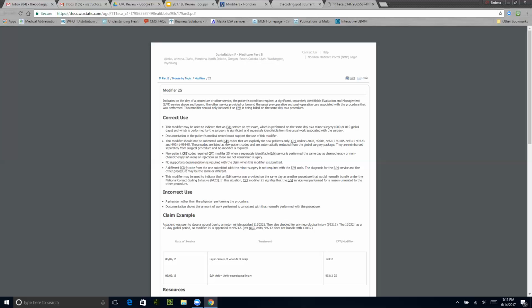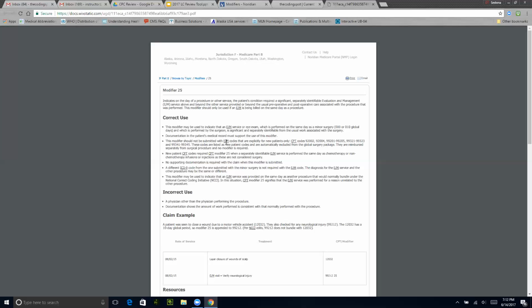Another correct use tip is documentation in the patient's medical record must support the use of this modifier. It can't just be attached. As coders, we have to see why was it separately identified, why was it significant and separate from the other procedure.